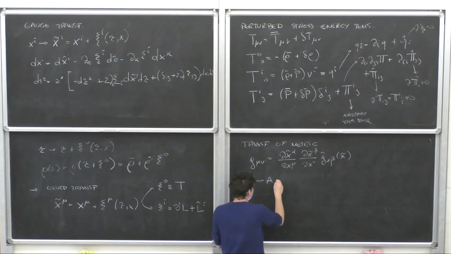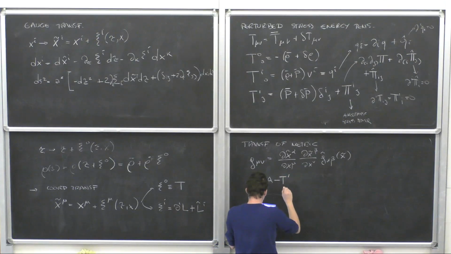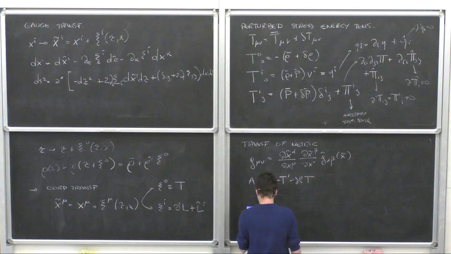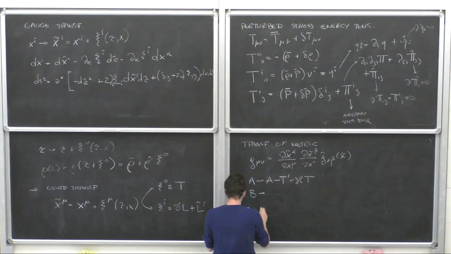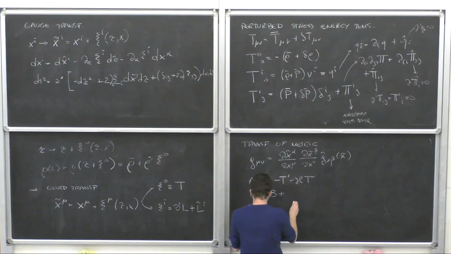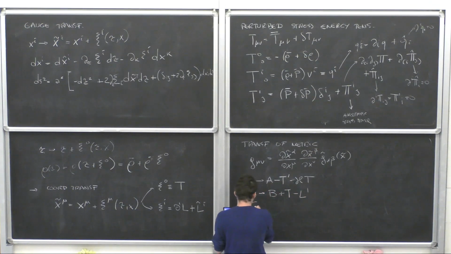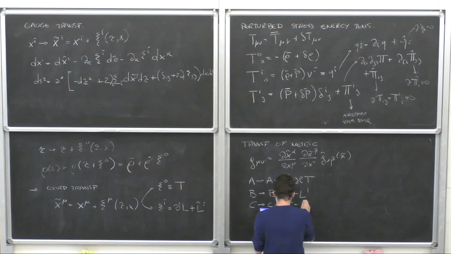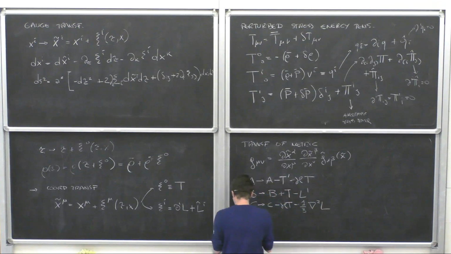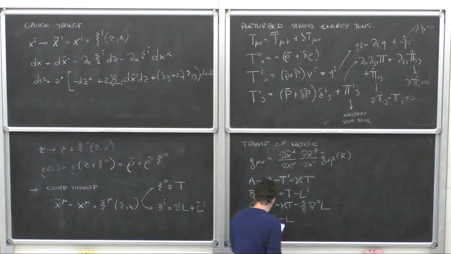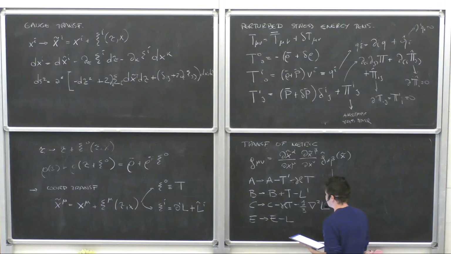So A goes into A minus T prime, this is the derivative with respect to conformal time, minus H T. B goes into B plus T minus L prime. C goes into C minus H T. And this is a somewhat boring calculation. Again, I do suggest you do that once in your life if you're interested in these type of things, but it's not particularly interesting. So this is the scalar sector.